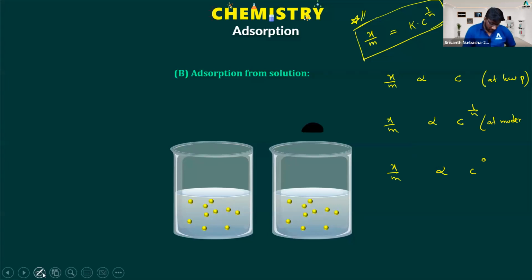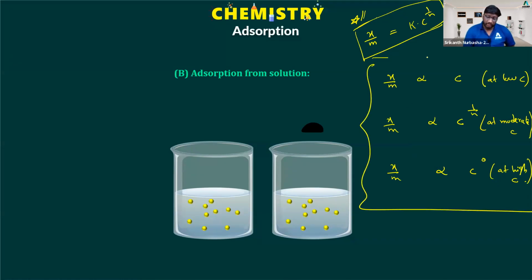At a low concentration, because C is a concentration. At a moderate concentration. At a high concentration. Can you understand this? x by m is equal to K into C power 1 by n. From that I have written x by m is directly proportional to C power 1 at low concentration.